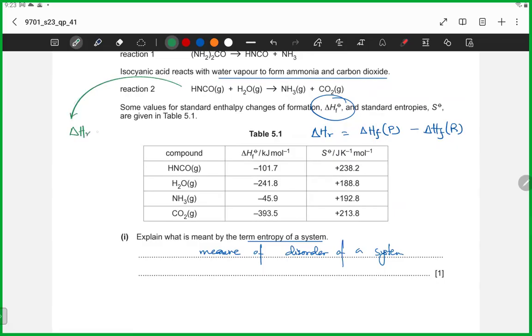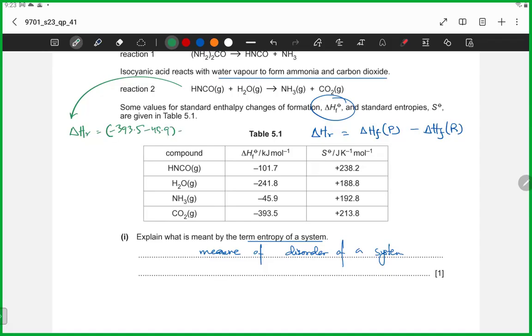So the enthalpy of this reaction is going to be products, which is CO2, that's minus 393.5, and then you have NH3, which is minus 45.9.